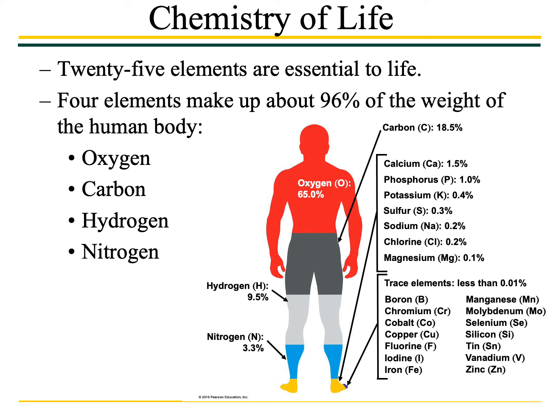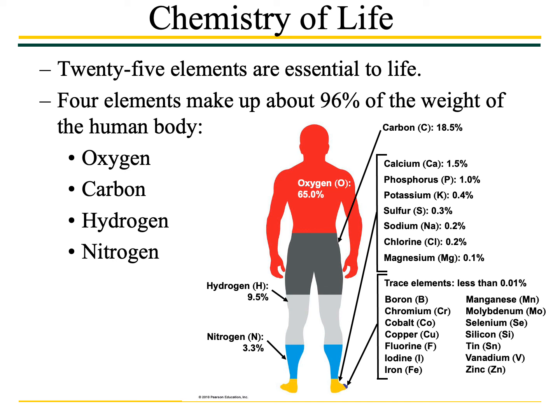Those top 4 elements are oxygen, carbon, hydrogen, and nitrogen. So again, 25 elements are considered essential, and 4 of those 25 make up the majority of the weight found in a typical living organism.